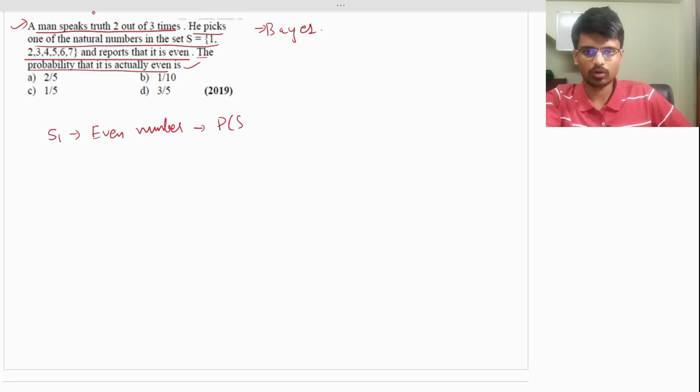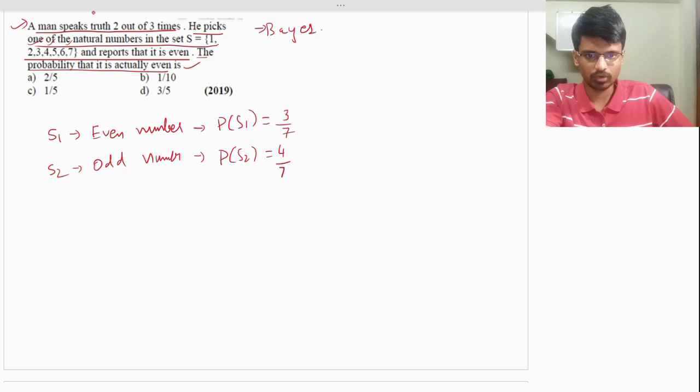So what will be probability of S1? How many even numbers are there in this? 2, 4 and 6. 3 by 7, right? And S2 be an event that he picks an odd number. So we'll get 4 by 7, right?